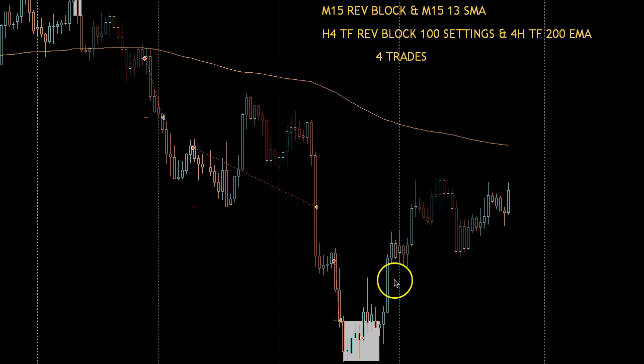So anything after this was not going to look for selling opportunities anymore until we get another bearish block. So although we are below the 200 moving average, it's not going to look for selling entries now, because we have a bullish block.